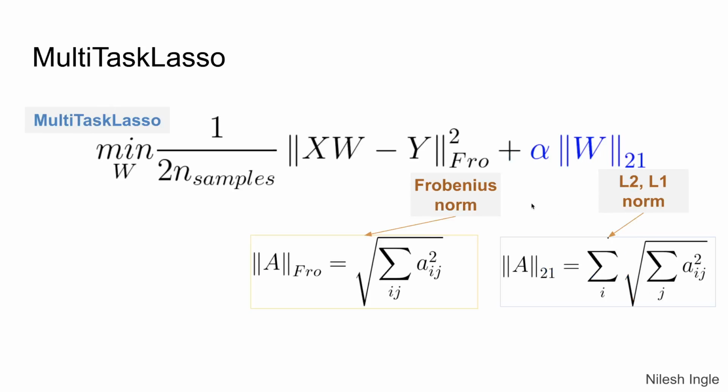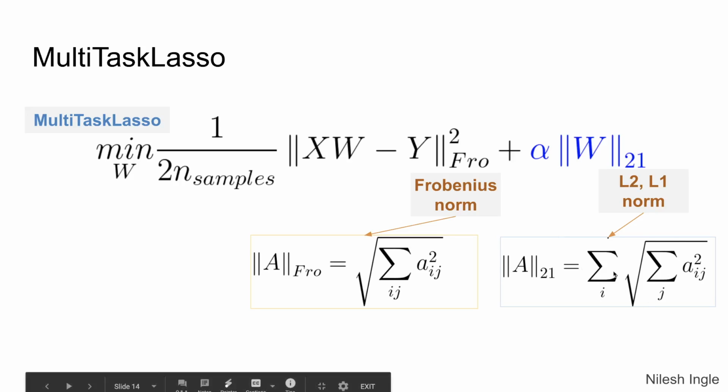So the Frobenius norm, as we've seen, is the same as the L2 norm, where we are taking the squares, summing the squares, and then taking the square root of that. And here this is a sequence of L2 and then the sum of those values right here, where we have A, which is an example matrix. So instead of A here, it will be W when this is calculated.